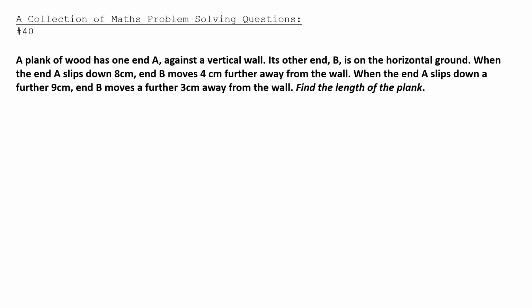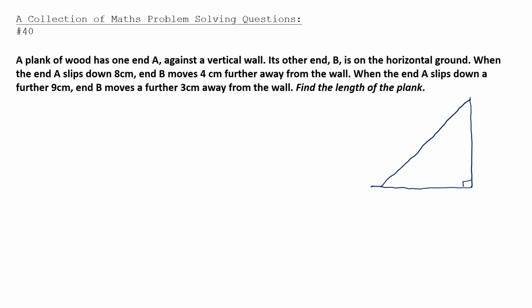So if I were to draw this out, it would look something like this. If you have a wall, and that's the vertical ground, and that is my 90 degrees, and this is a plank, not a ladder, sorry.